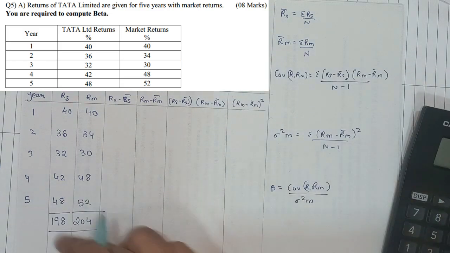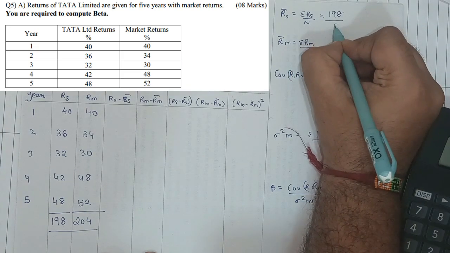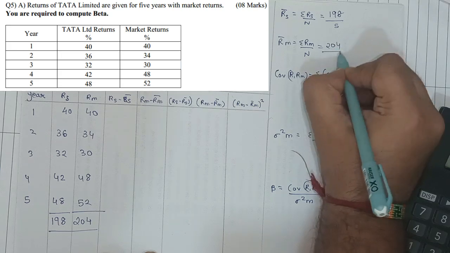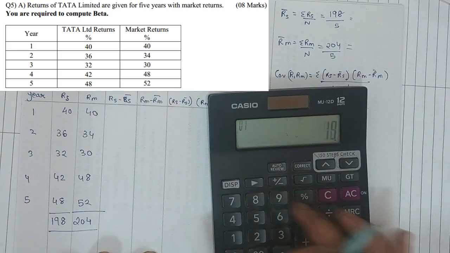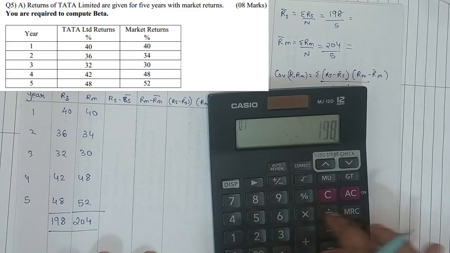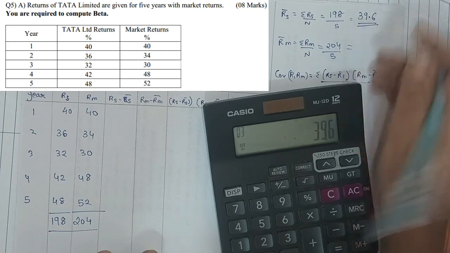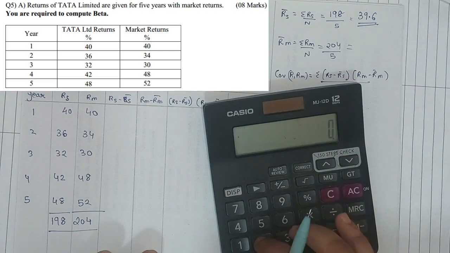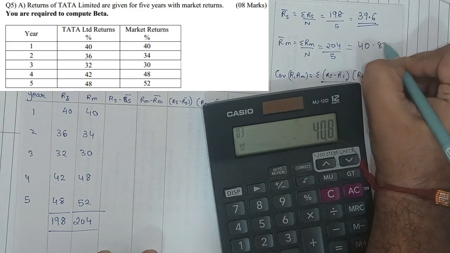Once you get the total, we need the averages, RS bar and RM bar. So 198 divided by 5 is 39.6 and 204 divided by 5 is 40.8.